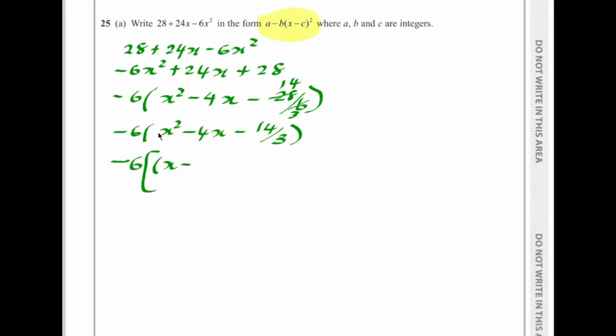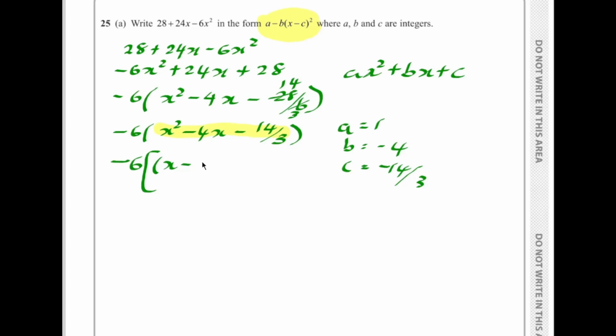Now, in this case, if I consider this one, a equals 1, b equals minus 4, c equals minus 14 over 3. That's how we are getting it, because our standard quadratic is ax squared plus bx plus c. When considering only this part, I'm getting a, b, c in this way.